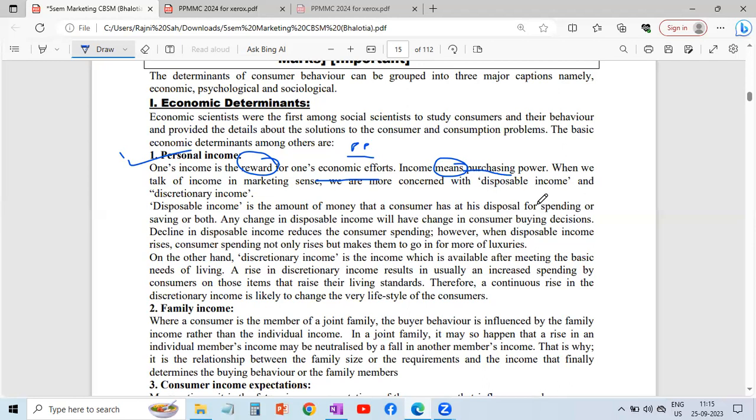Shopping completed. What all have you shopped? A lot of clothes, I guess.